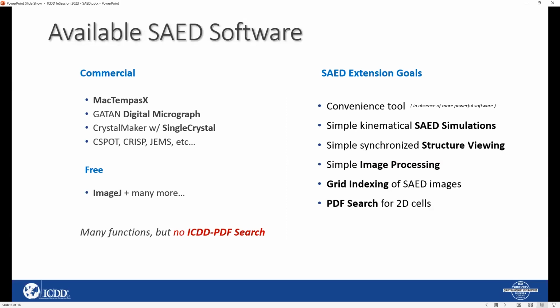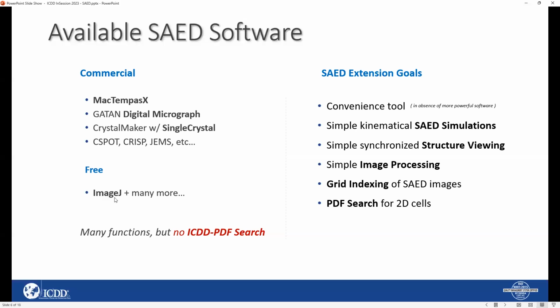So what SAED software is available? We have commercial software. Some of the more well-known ones are MacTempus, Gatan's Digital Micrograph, CrystalMaker with its single crystal module, and many others. And then there are a lot of free software packages that are created in universities.